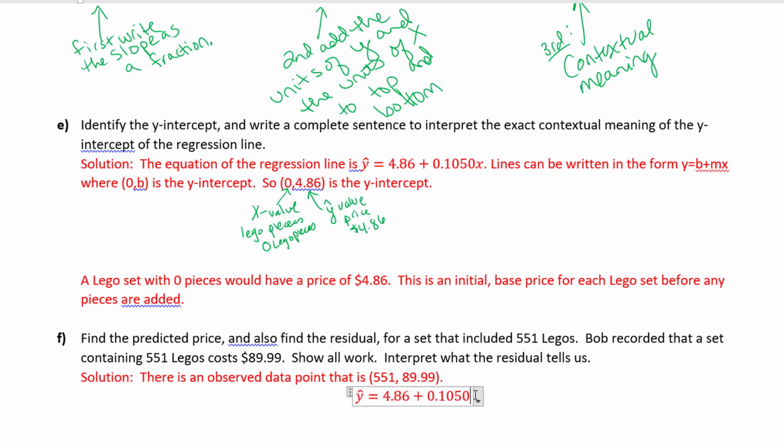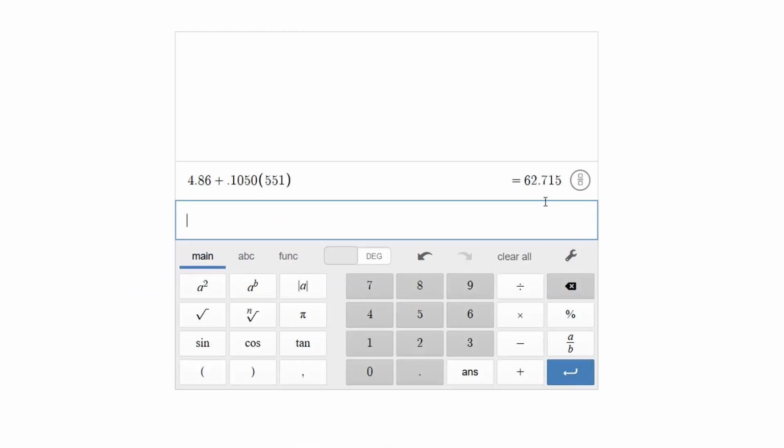If you replace the x with 551 and find the value of y hat, it's asking what predicted price you would get. If I plug into my calculator 4.86 plus 0.1050 times 551, we get 62.715.